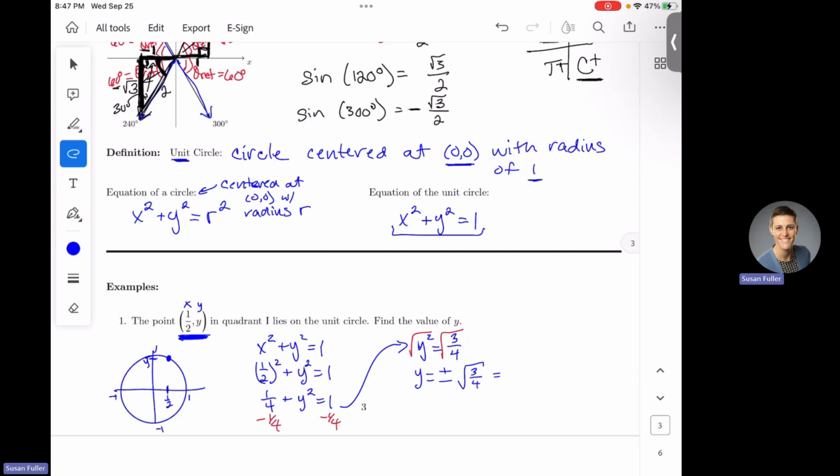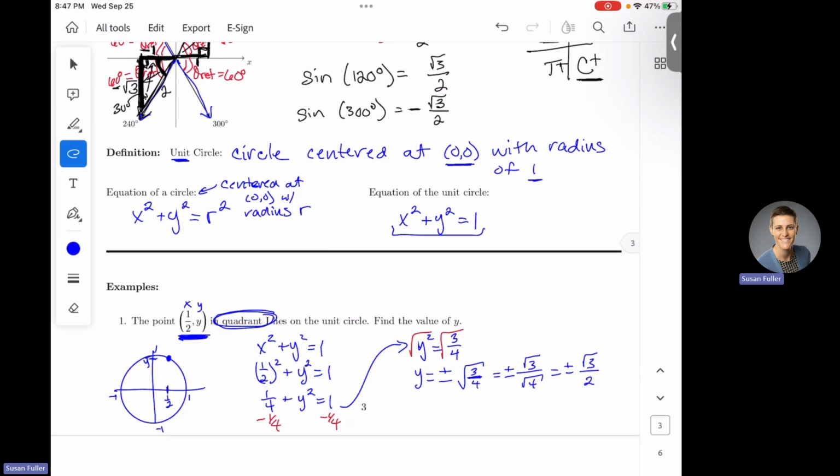I can apply that root to top and bottom because you can distribute across division with roots. So that's the square root of 3 over the square root of 4, which is plus or minus the square root of 3 over 2, because the square root of 4 is just 2. Now the question is, is it positive or is it negative? And the answer is right here. I know that this point has to be in quadrant 1.